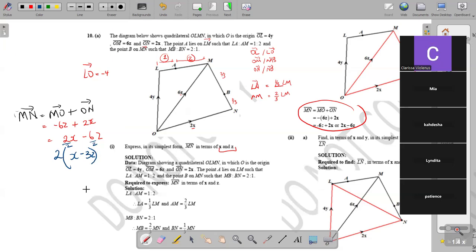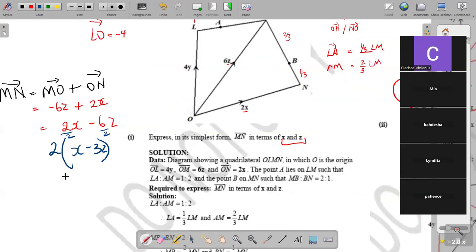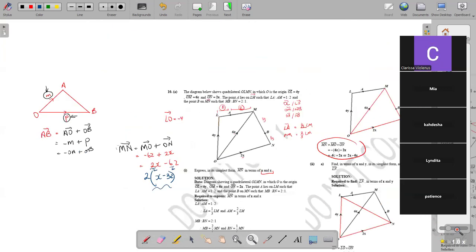Sorry, I forgot the z. Everybody see that? Always write the factorized version also, because it's going to come in handy at some point. All right, so everybody okay with the first question? That was the first question. Pretty simple, right? Once you understand what to do, where your mind's supposed to be going, what you're looking for, how you should be thinking.